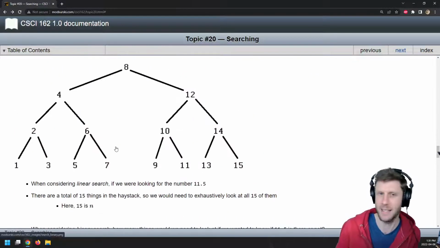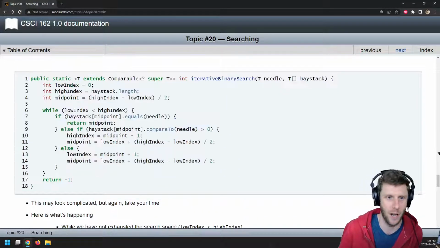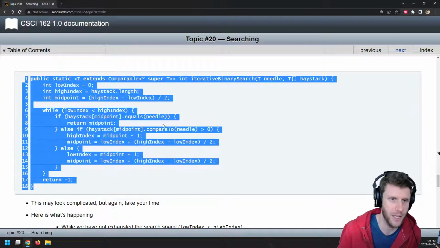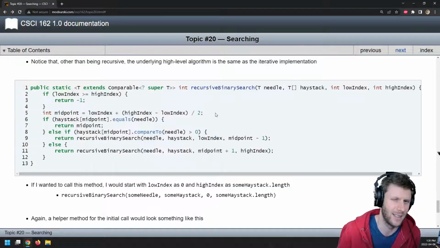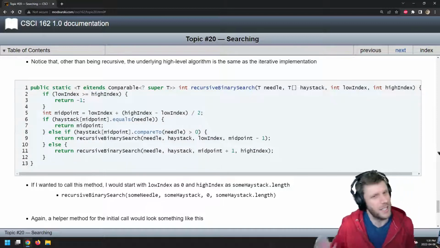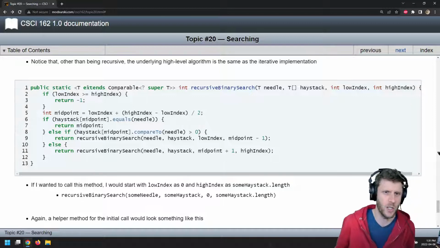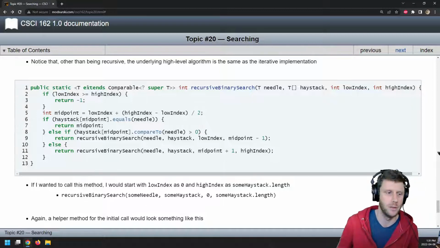And this is an example of where, sure, this code is complex. Sure, this code isn't trivial, but it's understandable. And this code doesn't necessarily look a lot cleaner, but to me, the recursive mentality, the recursive approach to understanding binary search is so much more accessible.